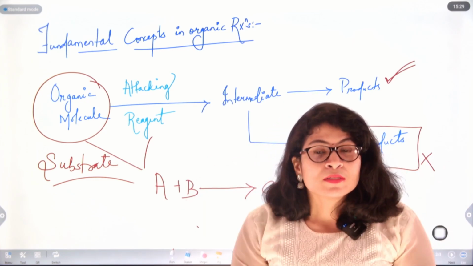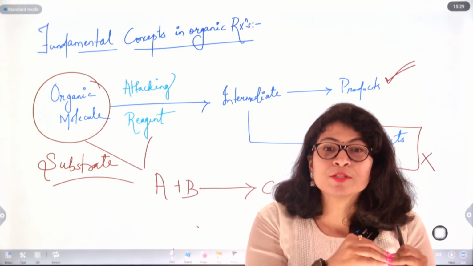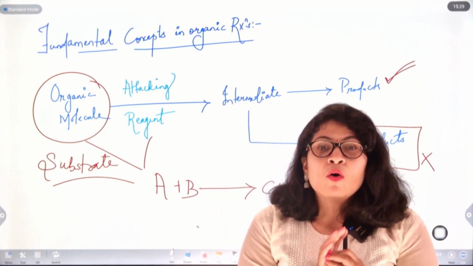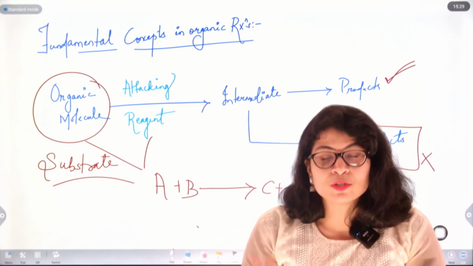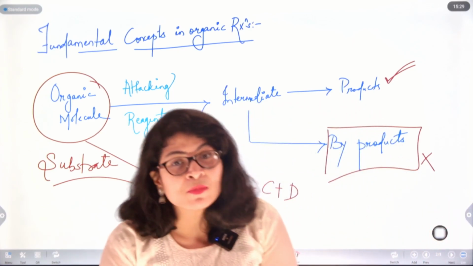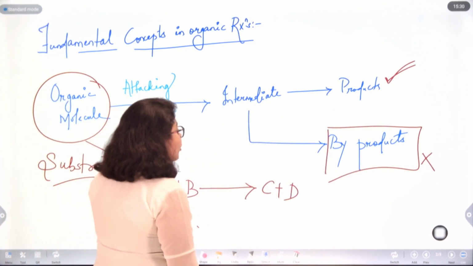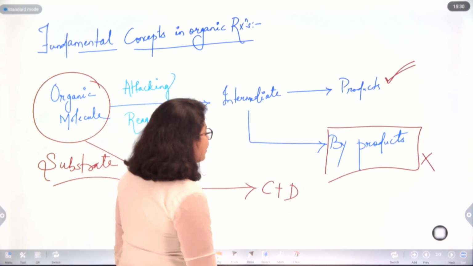All this, the sum of the exact path of how the reagents and substrate go to the product side, the entire study of the path of the reaction, is called the mechanism of the reaction.